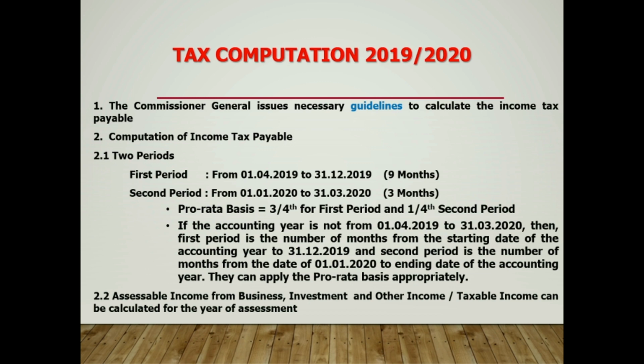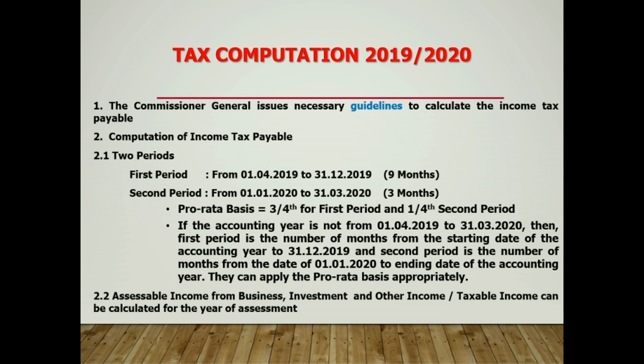Other than in those circumstances, you cannot apply the actual basis for this segregation. In other words, you are not required to prepare two sets of financial statements for these two periods. If you are a company preparing financial statements for a different period from the statutory year of assessment, you can calculate the pro rata basis appropriately.